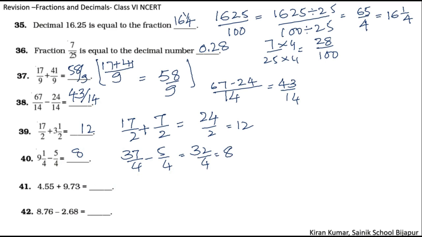This is direct addition. 5 plus 3 is 8. 7 plus 5 is 12. So 1 is carry. 10 plus 4 is 14. 14.28.